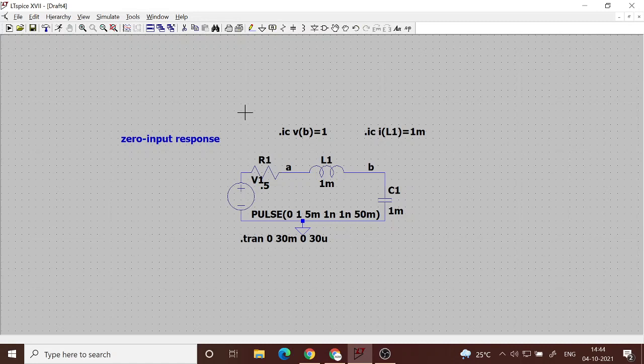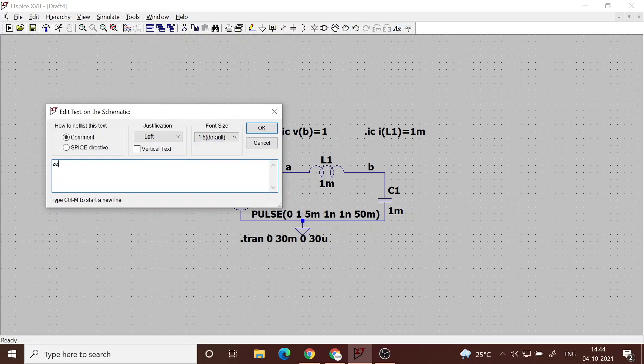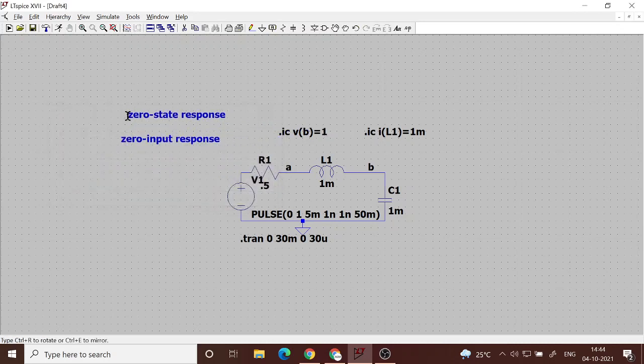Now we have two things. One is the zero input response, and on top of that I will have, secondly, the zero state response, which is entirely due to the input, and then I will add these two things.